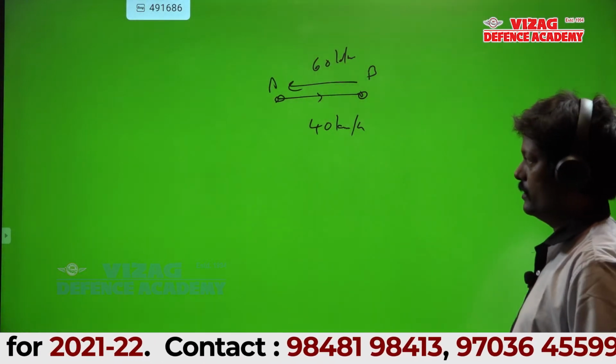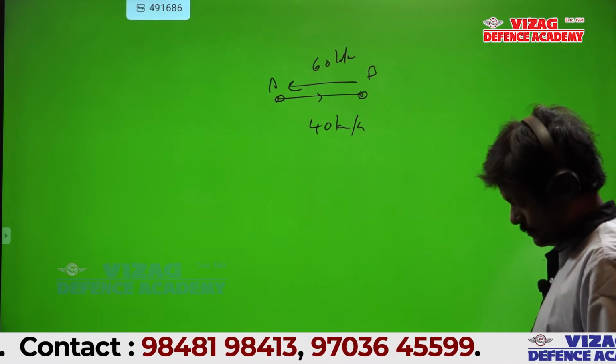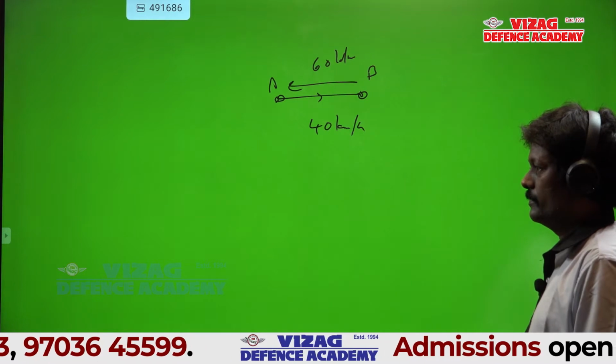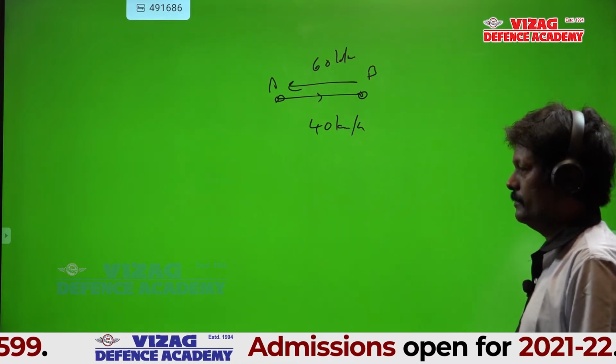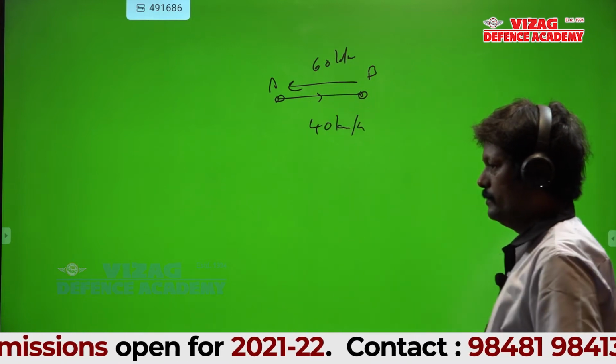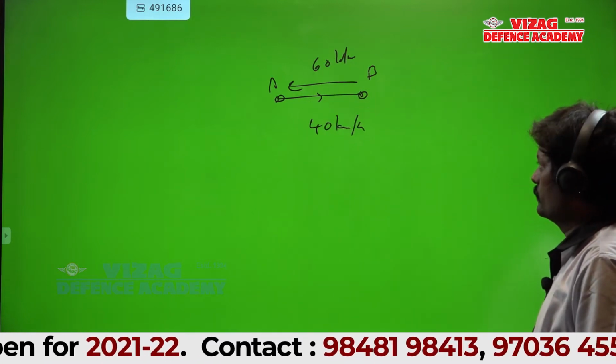What is the average velocity? Average velocity is total displacement by total time.